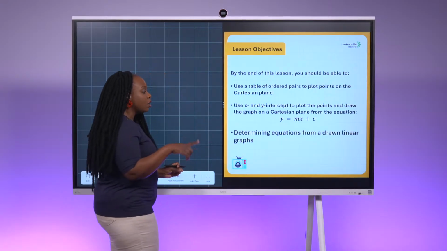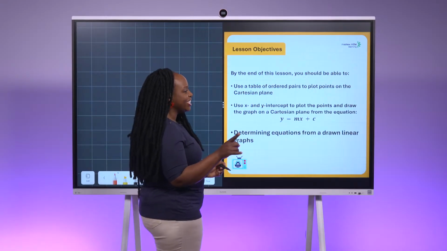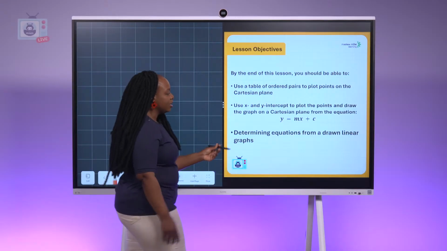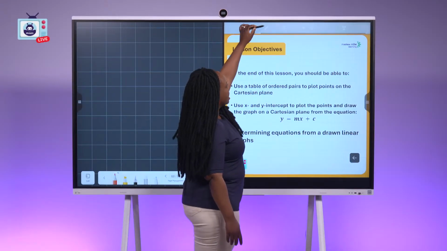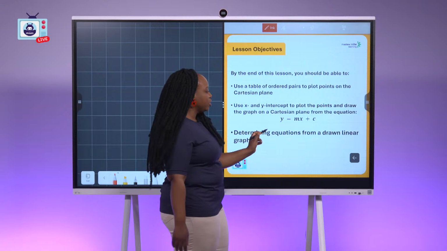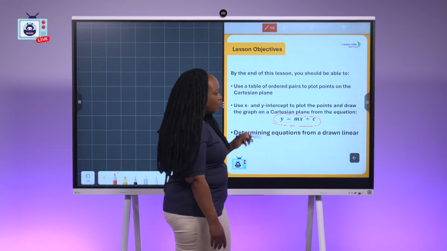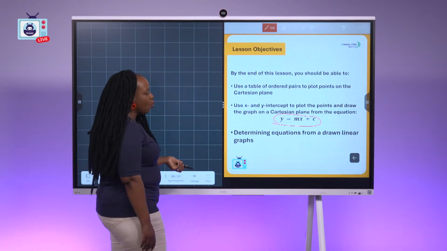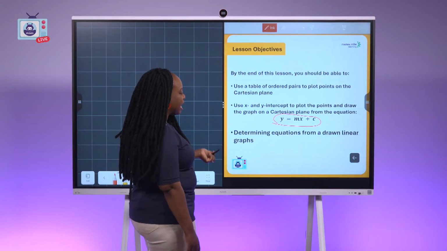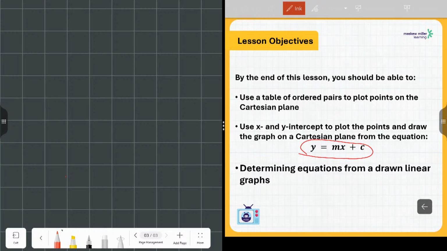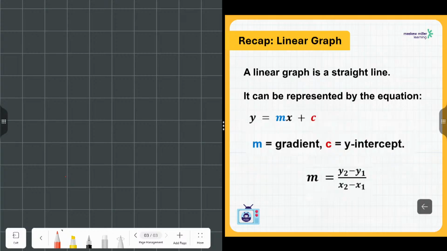Also, you need to know how to use your x and y intercept, which you know how to calculate. Just to remind you, an equation of a straight line must look like this: y equals mx plus c. And you need to also be able to determine the equation of that graph.